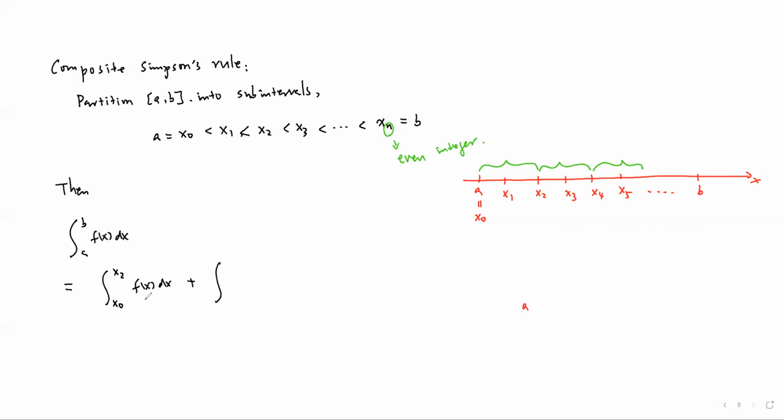Second integral is x2 to x4. And so on. The last interval, suppose B is xn, is xn minus 2 to xn. And then apply Simpson's rule to each integral.